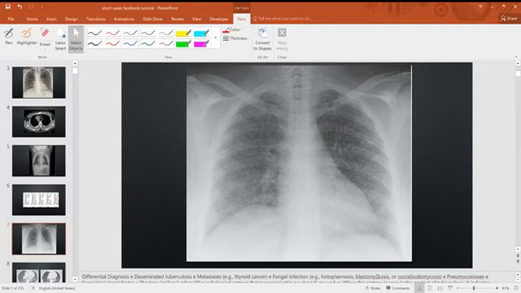Take about 10 to 20 seconds. What you see in this chest X-ray?